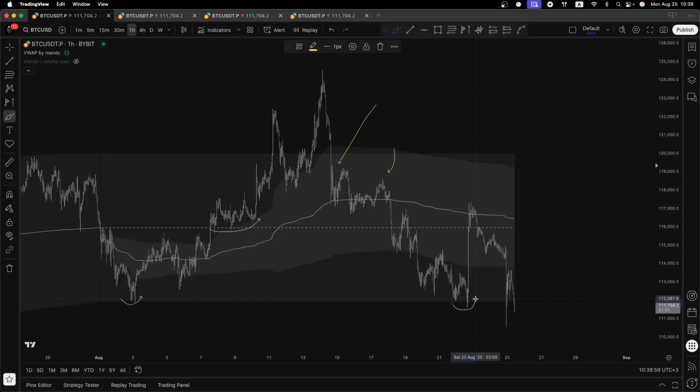We got a long on Friday on this bounce, and of course the most crucial one as of now, the rejection into monthly VWAP along with previous month VWAP.